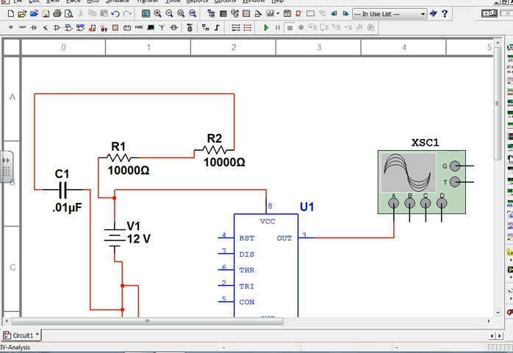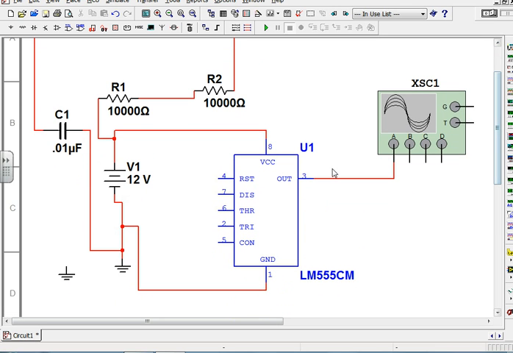Okay, that looks good. Pin 8 is already connected. Pin 4 is going to VCC. Pin 7 goes to between the two resistors. Pin 6 goes to between the resistor and the capacitor. Pin 2 goes to where pin 6 went.